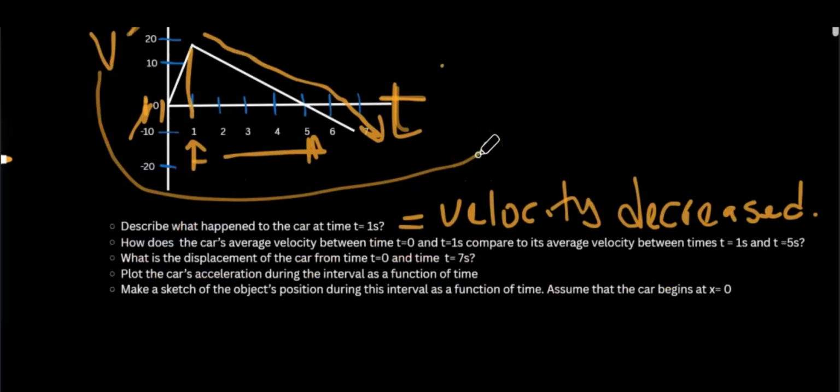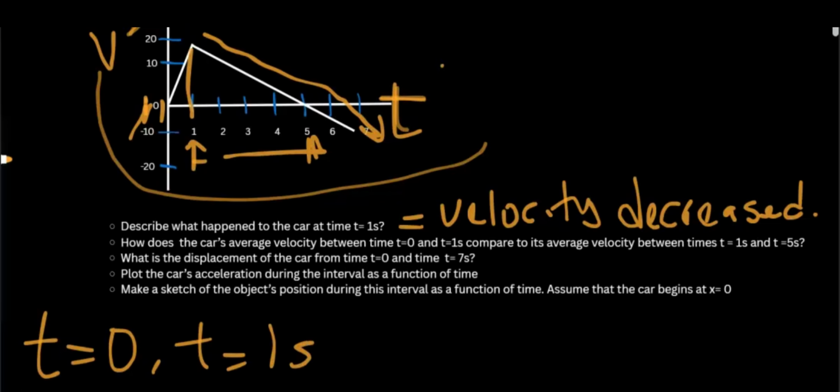So now let's look at it. The average velocity between t equals 0 and t equals 1 second is what?